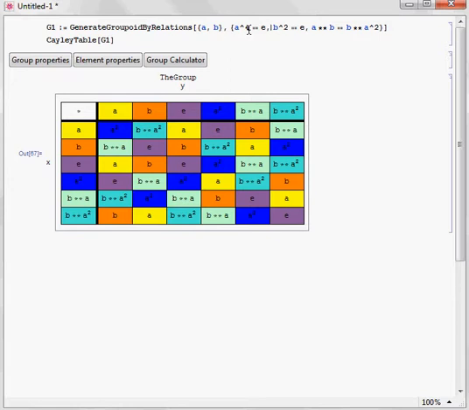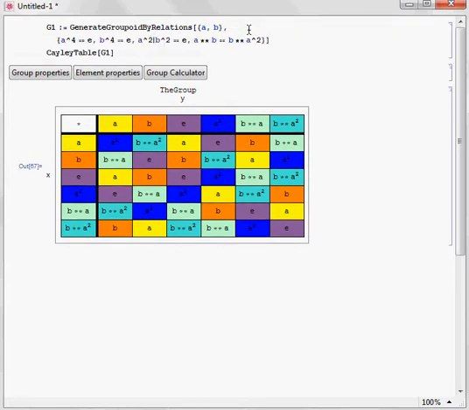And then you have B to the 4th power equals E. And you also have A squared equals B squared. And you have A times B equals B times A to the third.